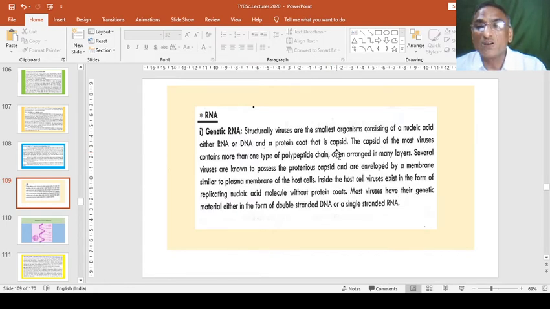The capsid of most viruses contains more than one type of polypeptide chain, often arranged in many layers. Several viruses are known to possess the proteinous capsid and are enveloped by a membrane similar to plasma membrane of the host cells.